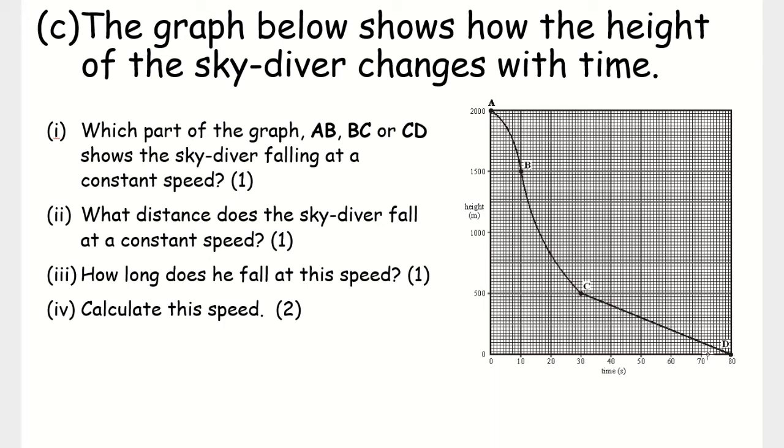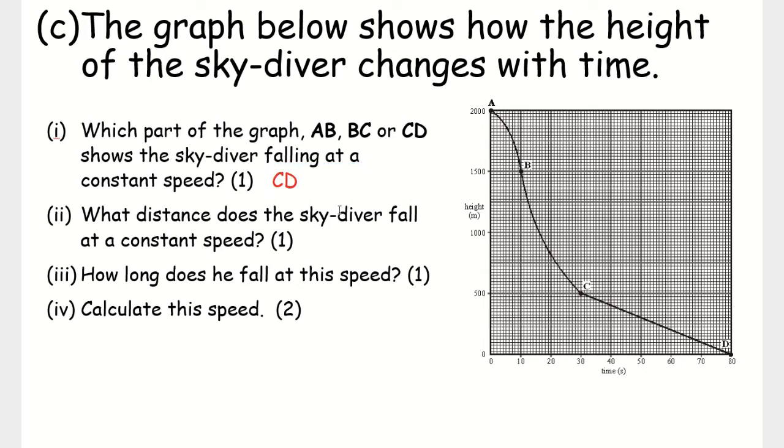And so if we're looking for the gradient, meaning the velocity, in that section from C to D, the gradient isn't changing. So in that, the speed isn't changing either. So we are looking to say for that one that the speed is not changing from C to D.